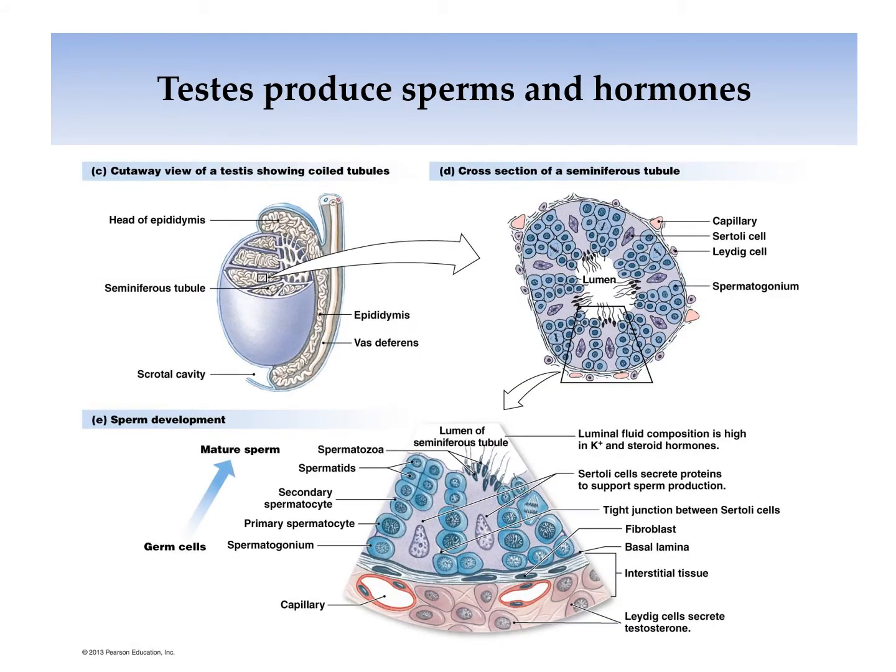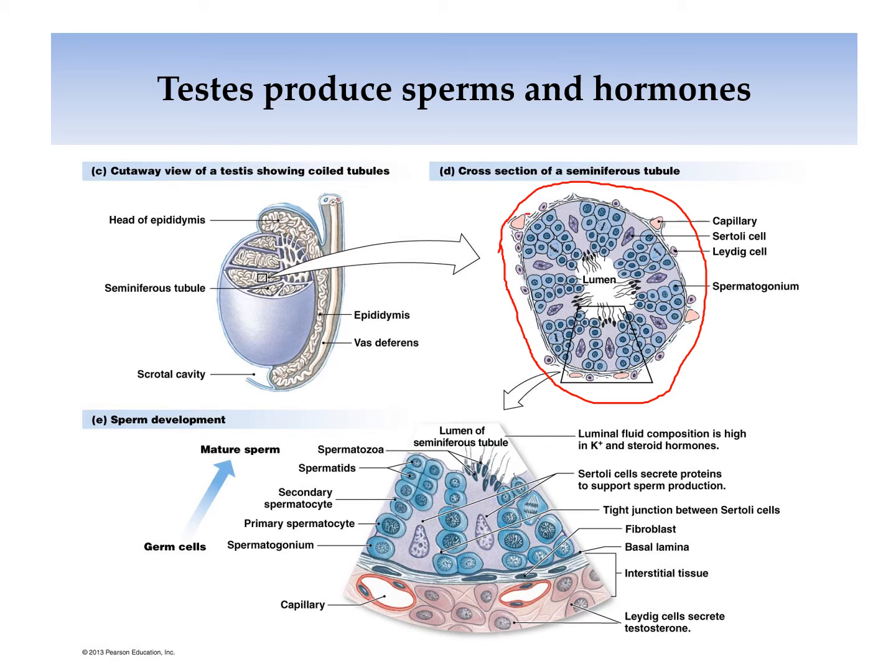When you cut the testis in half, ouch, you get a very beautiful cross section of the seminiferous tubules that are encapsulated inside the testis. In these seminiferous tubules, you will see many different types of cells.